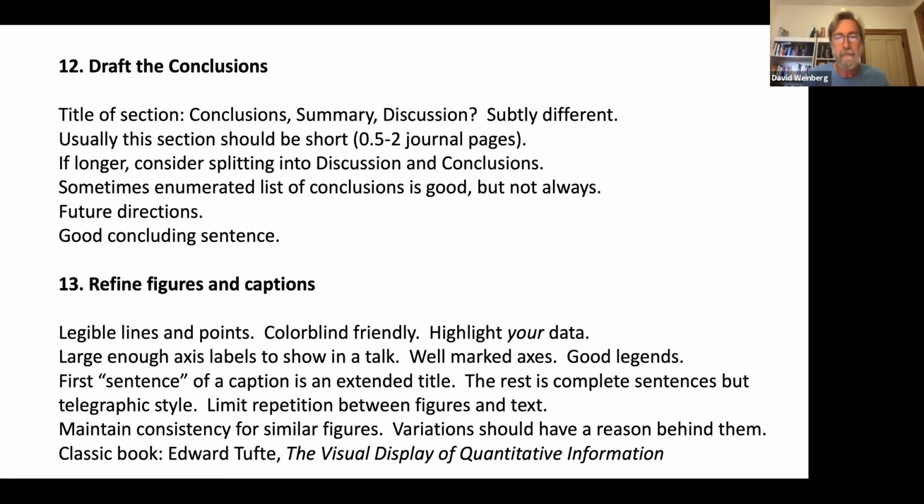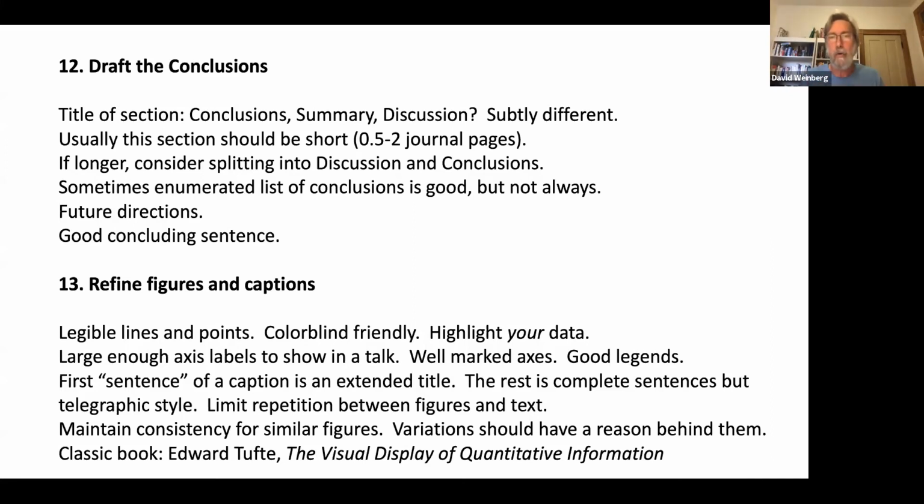If you have figures that are showing similar things, then you want to try to maintain consistency in their size, in their visual structure. The style of your figures is a guide to the reader for when they're looking at multiple examples of the same thing versus something that has changed.